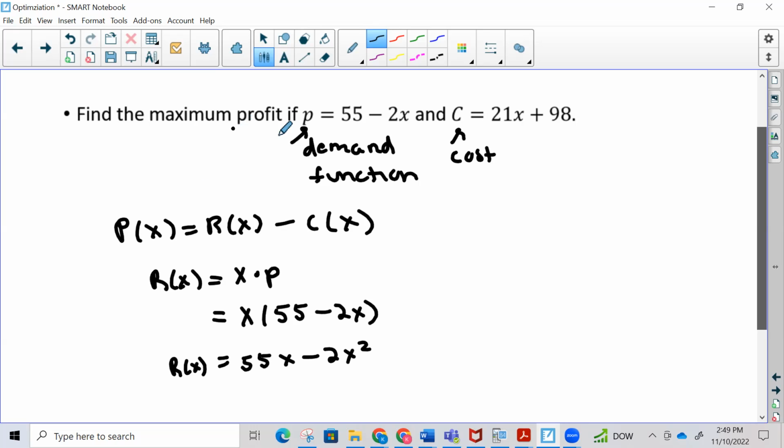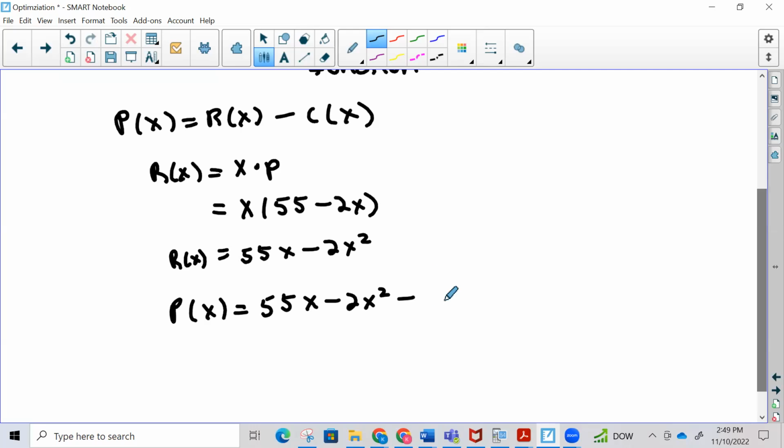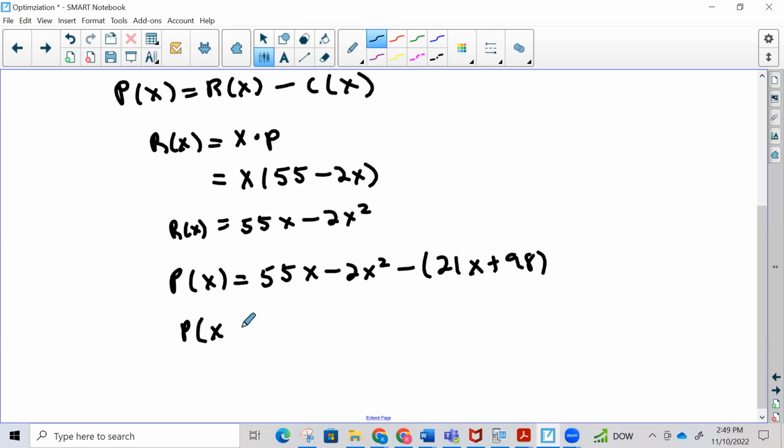Because we want to maximize profit, we have to find our profit equation. We found our revenue. To get our profit, we take our revenue, which is 55X minus 2X squared, and subtract out the cost, which is 21X plus 98. We're going to simplify this before trying to find the maximum.